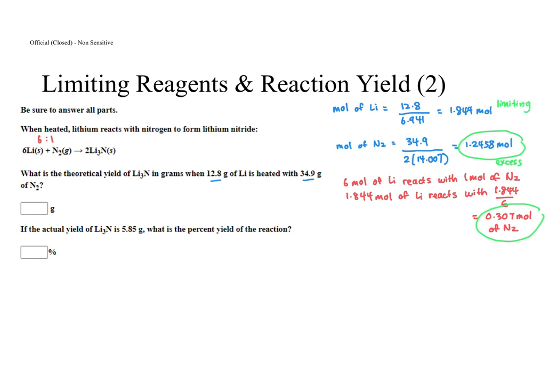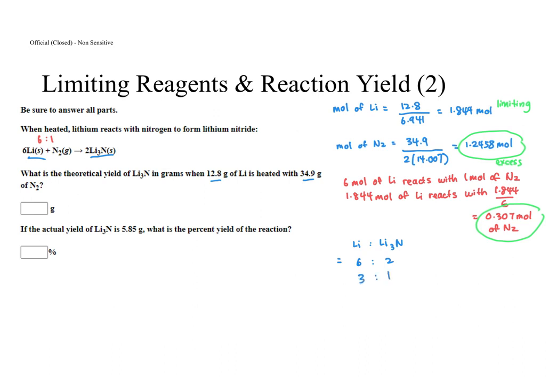So now let's try to find out how much lithium nitride is produced. To find the amount of product, we must base the calculations on the limiting reactant, which we have found to be lithium. So now looking again at the chemical reaction, we see that for lithium to lithium nitride, the mole ratio is 6:2. Let's write that down. Is 6:2, or you can also simplify that.